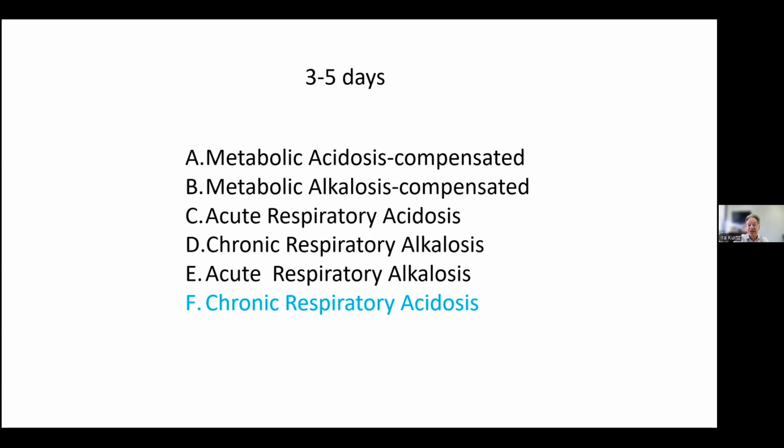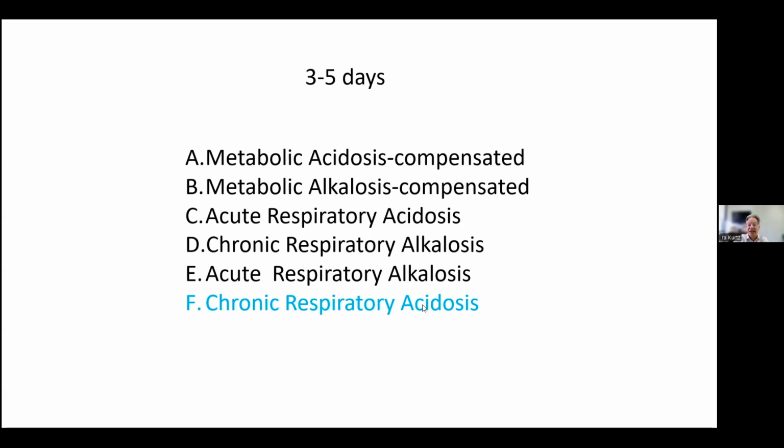So in a certain sense, the rise in the bicarbonate in chronic respiratory acidosis has the same two types of concepts that we have in metabolic alkalosis, where we have a generation and a maintenance phase. The same thing is occurring in chronic respiratory acidosis when the bicarbonate goes up.